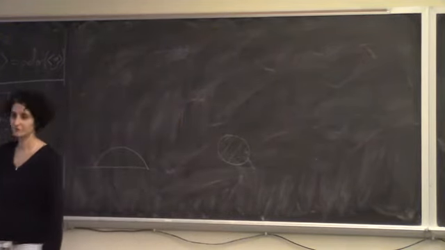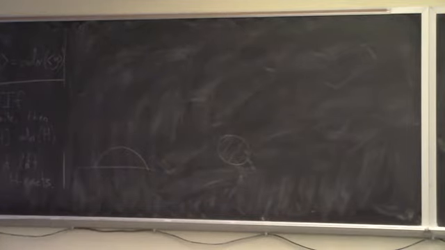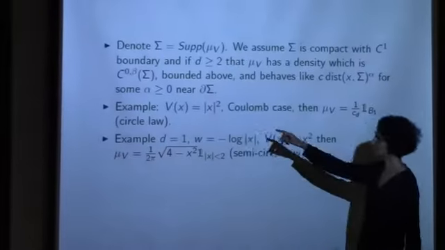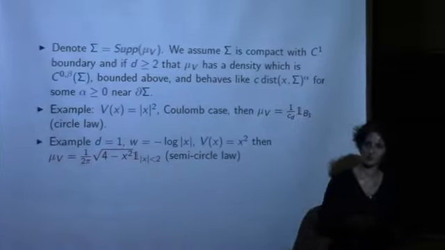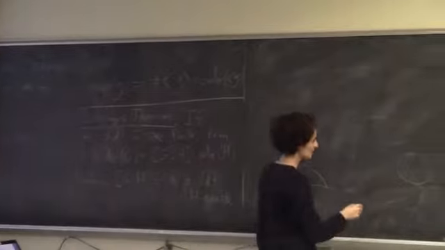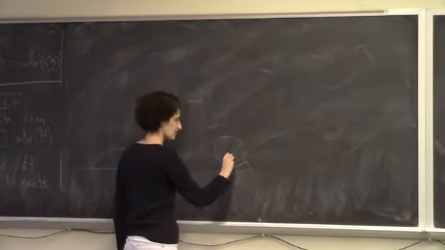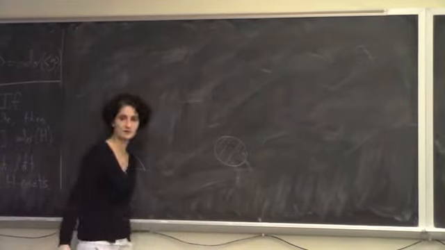So this is maybe the model case that you should have in mind. So this corresponds, in the random matrix setting, to the Ginibre ensemble in the plane, which, if you remember, had Coulomb interaction. So this tells you that the eigenvalues should distribute uniformly in a disk.